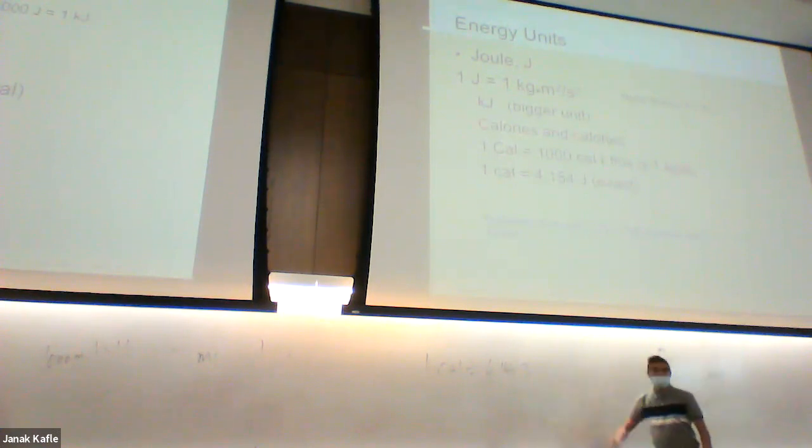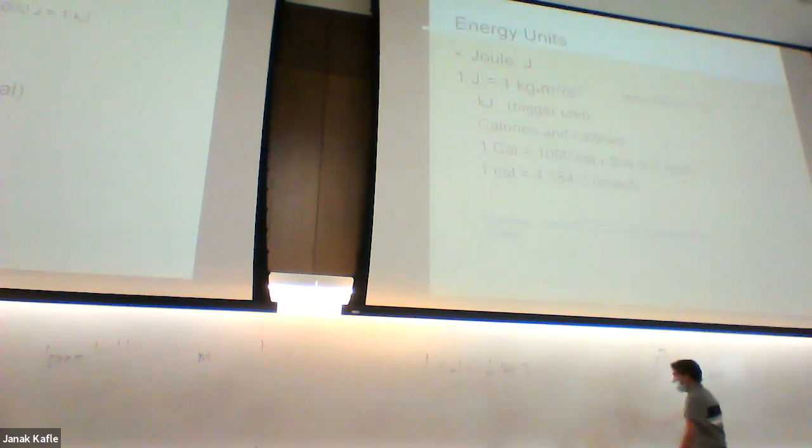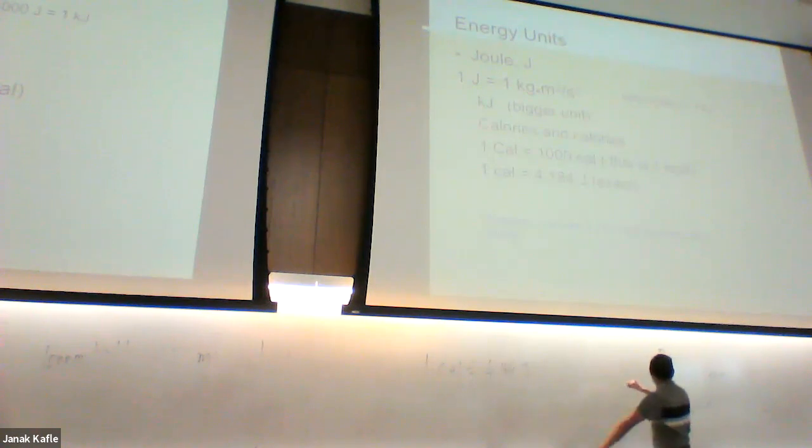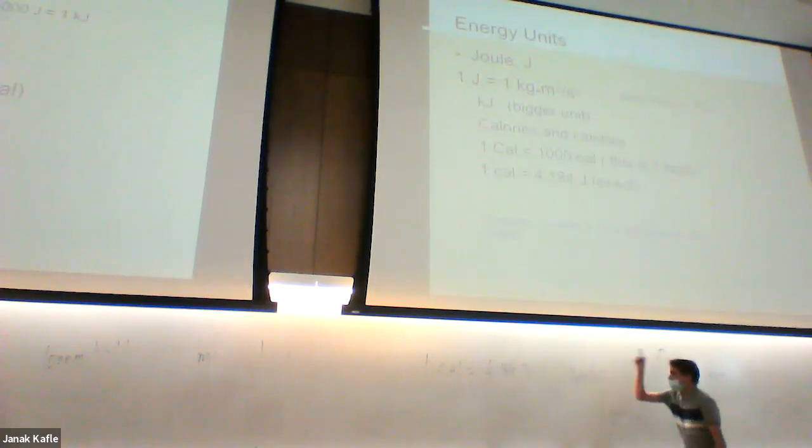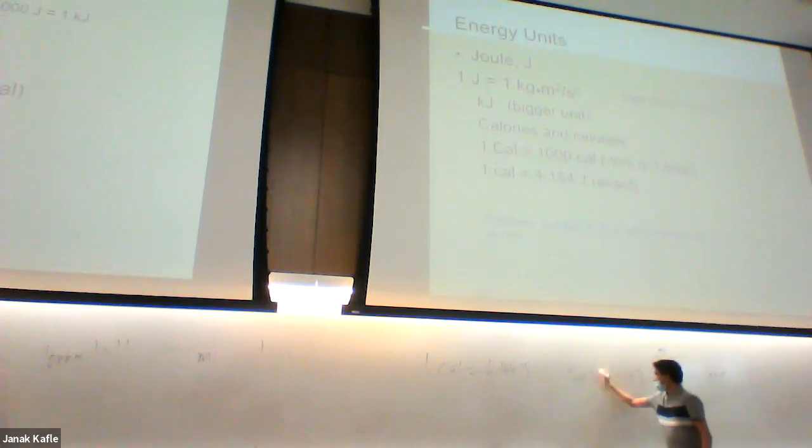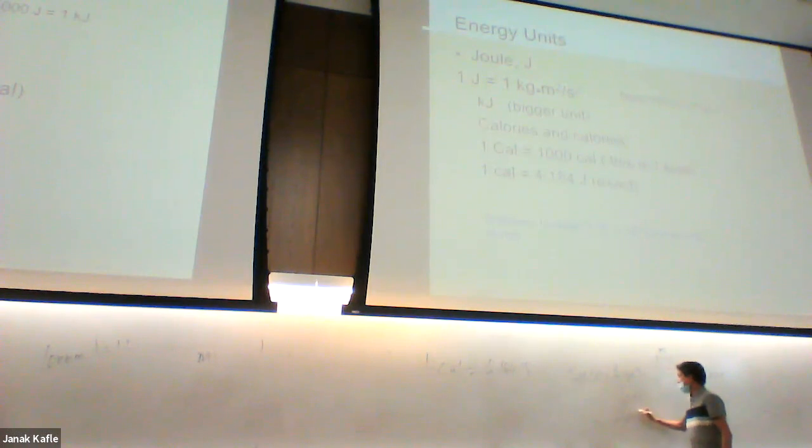We can convert this calorie into joule by using this factor. I have 300 calories and I want to convert this calorie to joule. So I put that factor in such a way that I cancel the calorie and I get joule. I put 4184 joule up there and 1 calorie down here, and calorie cancels.